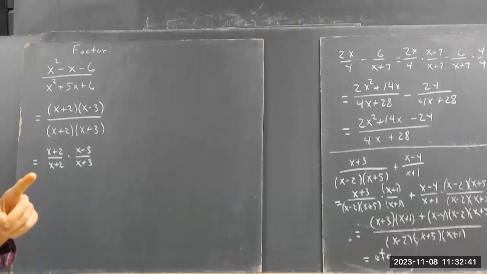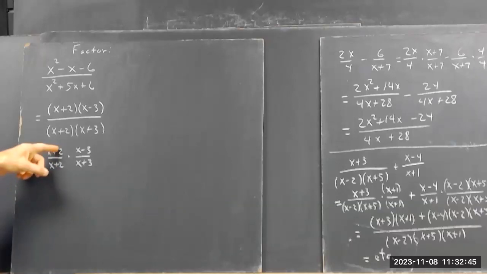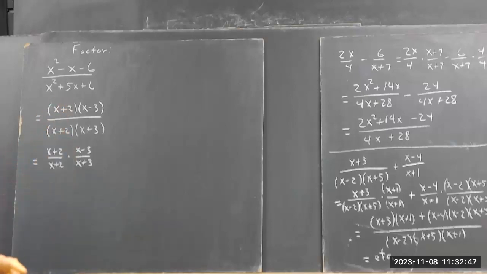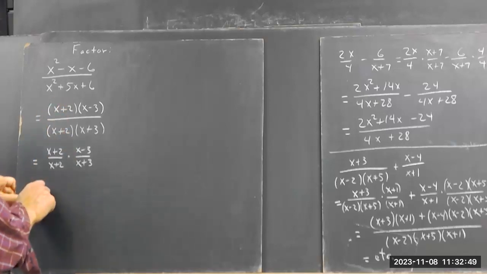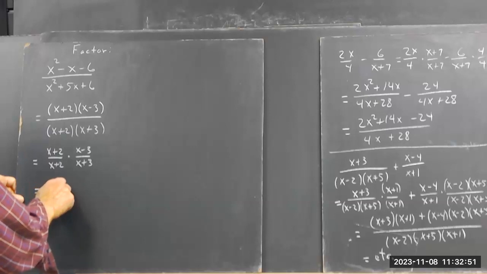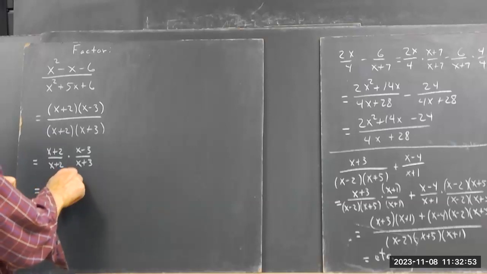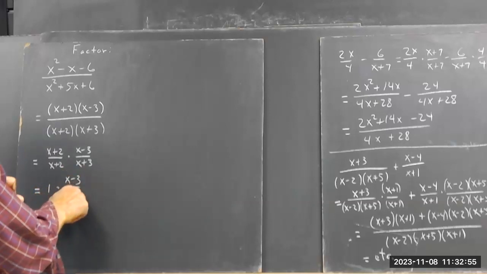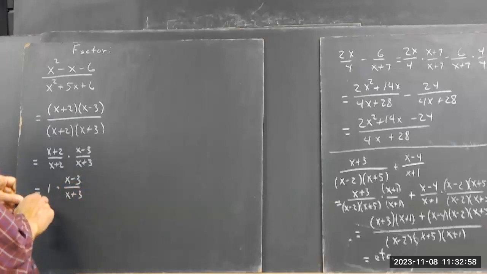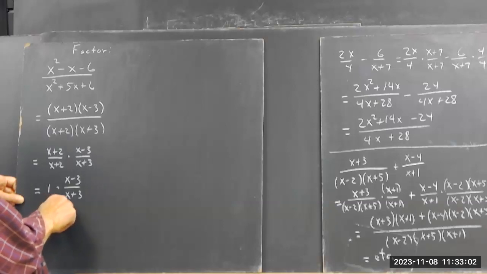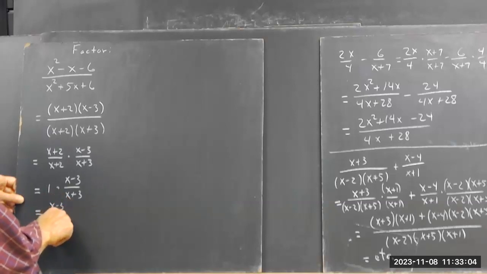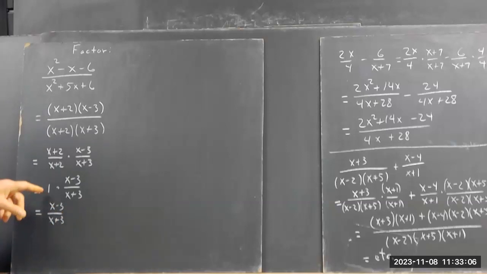So how many of these does it take to make this? 1. It was 1 times x minus 3 over x plus 3. It's just x minus 3 over x plus 3, because anytime you multiply 1 by something, you get that thing.